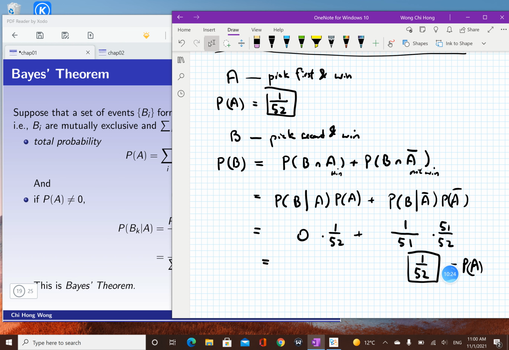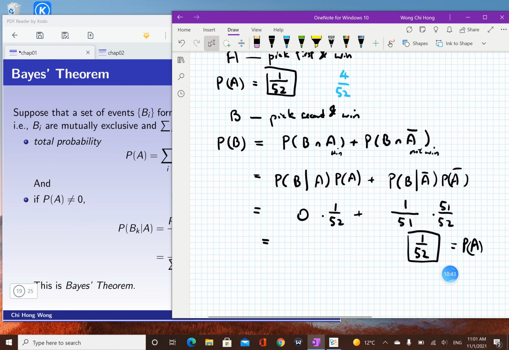Would it matter if I change that to 4/52?